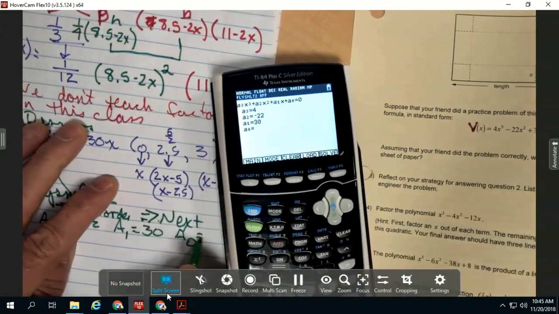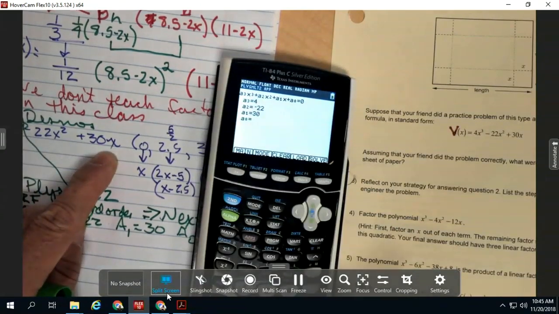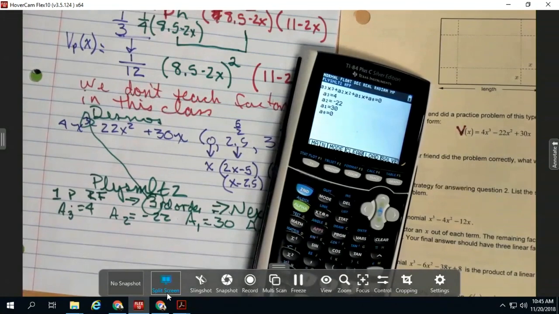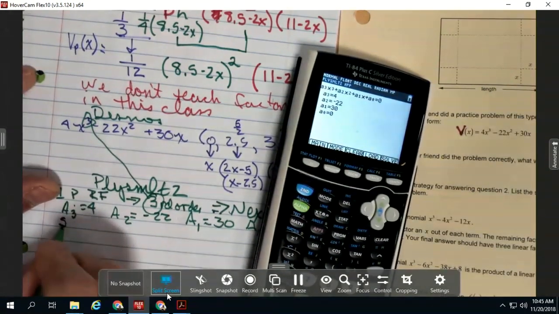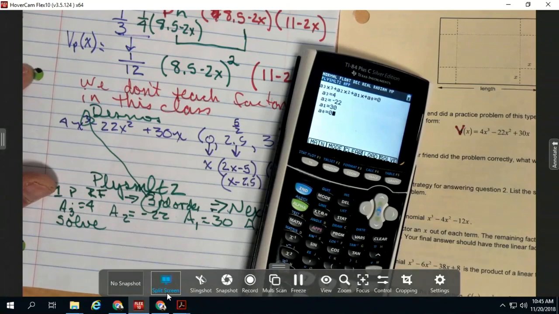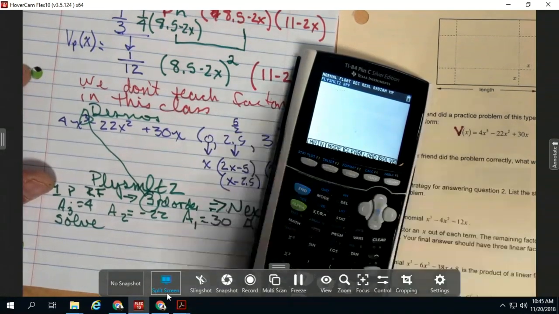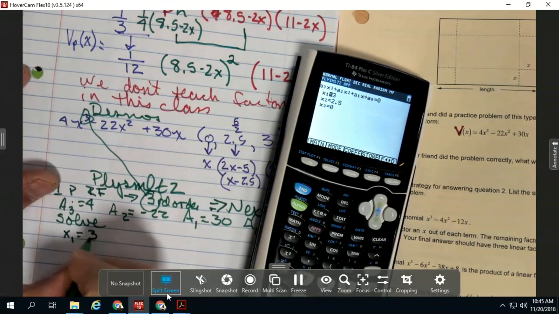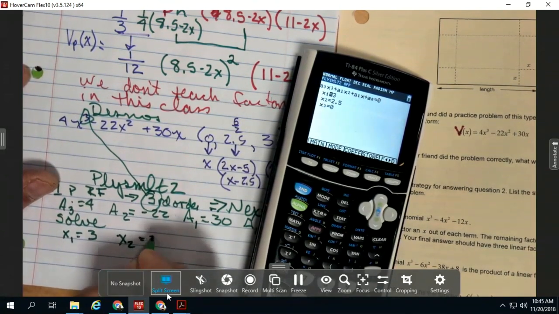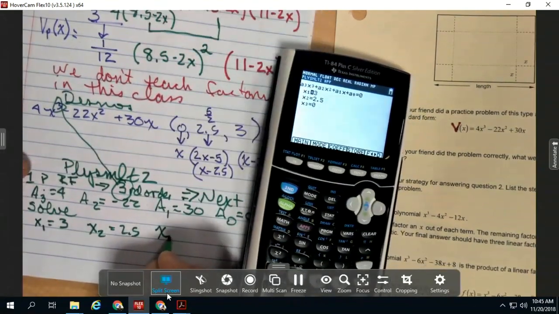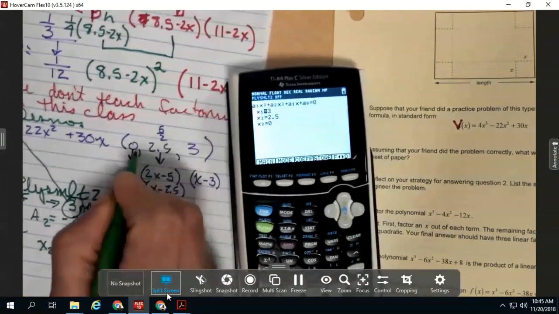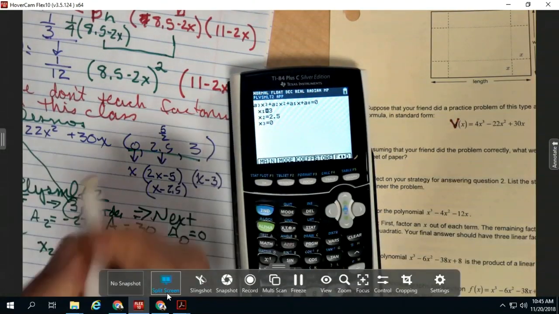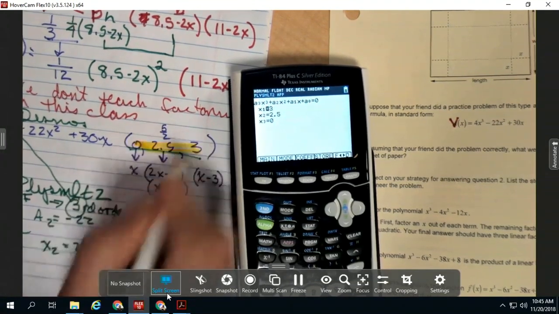And A0 is 0, because there is no constant term here. Solve. x1 equals 3, x2 equals 2.5, x3 equals 0, just like we got up here. So you go through the exact same process. We do not teach factoring.